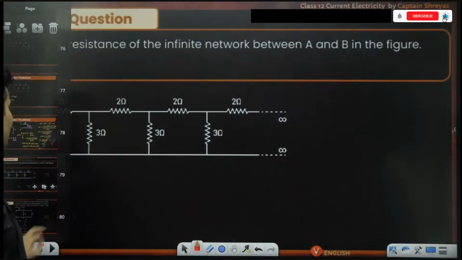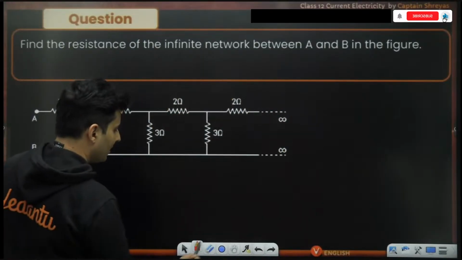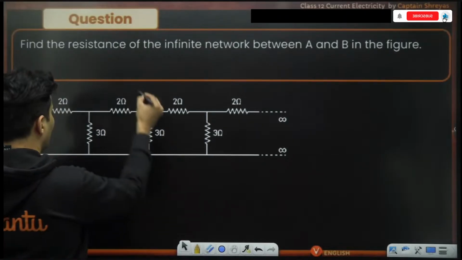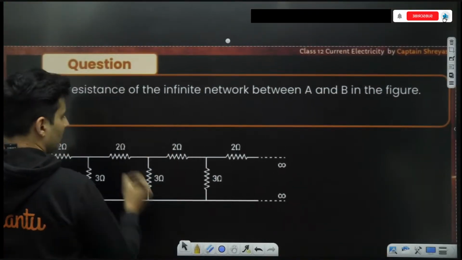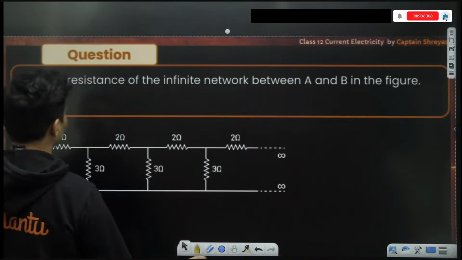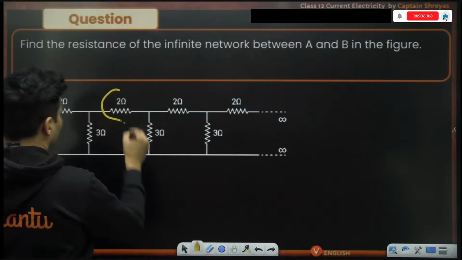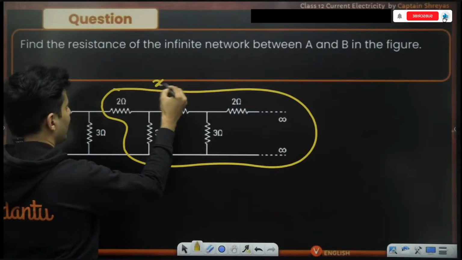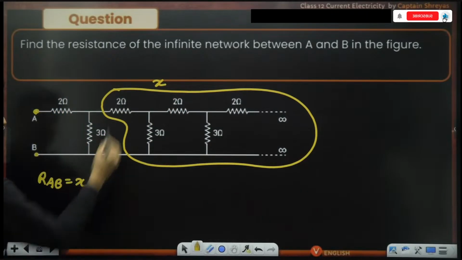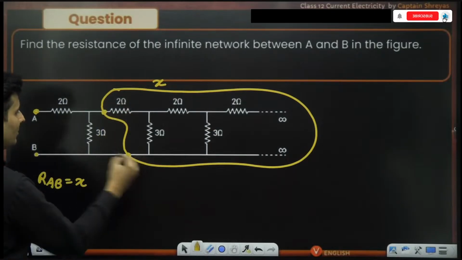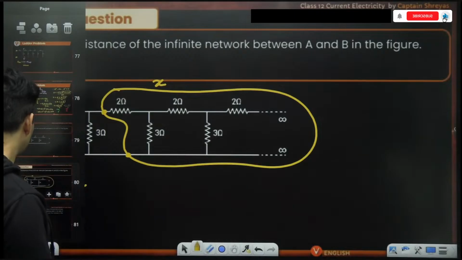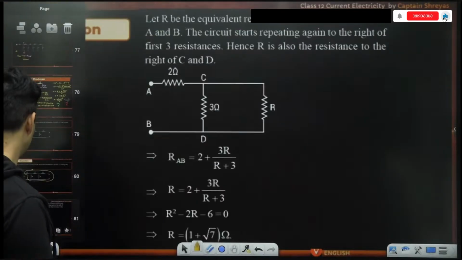Whatever is there in the front, whatever is there over here, again you can assume this as X. So whatever is there between A and B is also X. So it is the same resistance between these 2 points. So you again replace them with a single resistance. And it looks something like this.